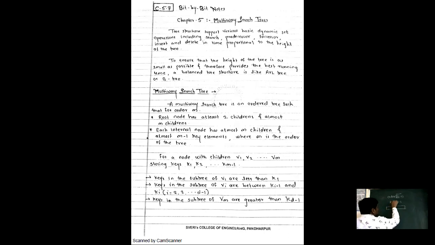The keys we calculate using m minus 1, and children is equal to m. Children is equal to m and keys is equal to m minus 1. Keys means actual values.